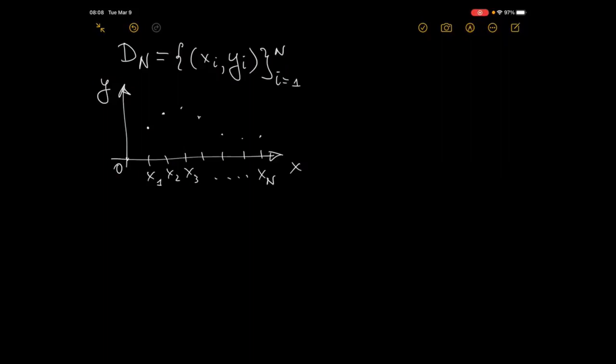The problem of interpolation is to find the curve which goes through all these points, and essentially you decide what type of curve it will be.